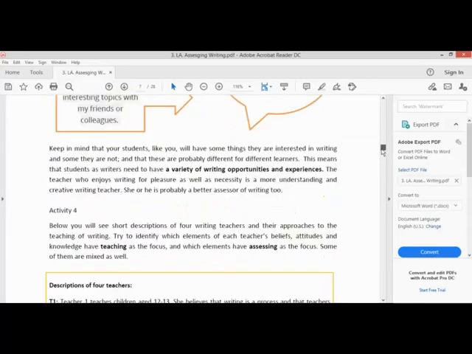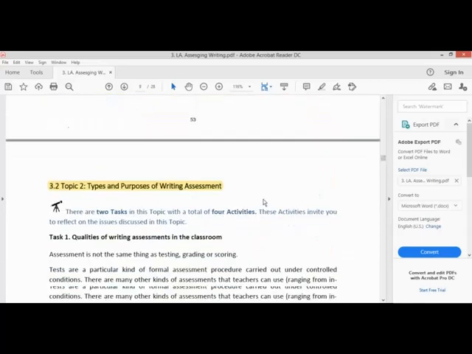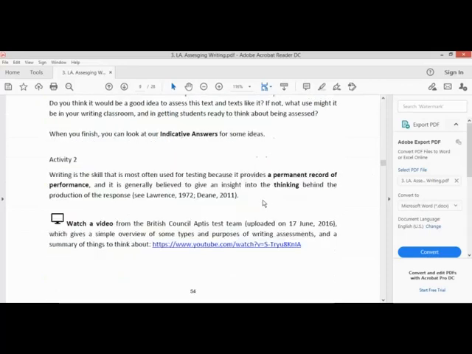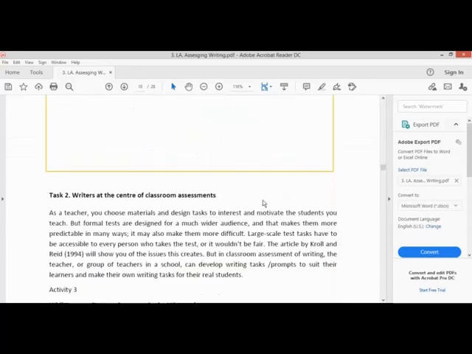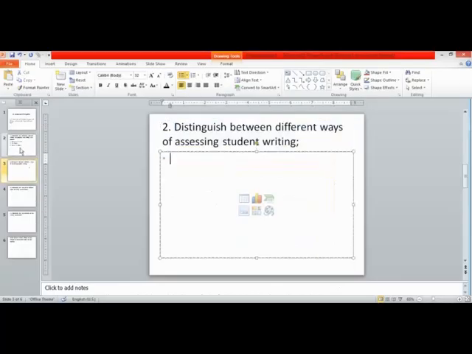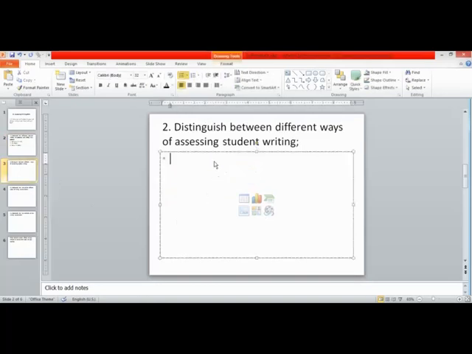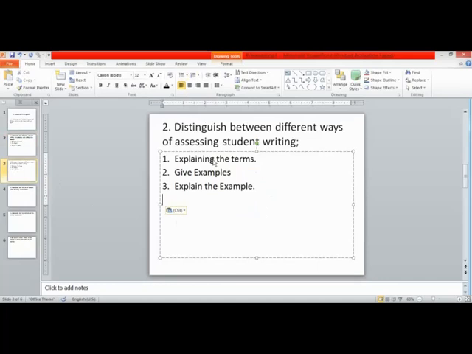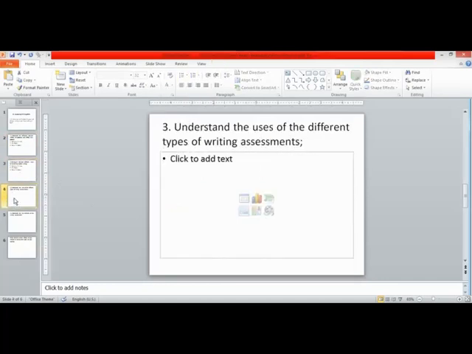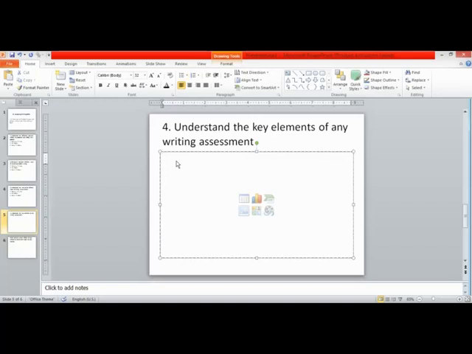After you follow this activity, you will get a conclusion, and write your conclusion here. This is the format of your conclusion, just like this, and paste, and so on until the next indicators.